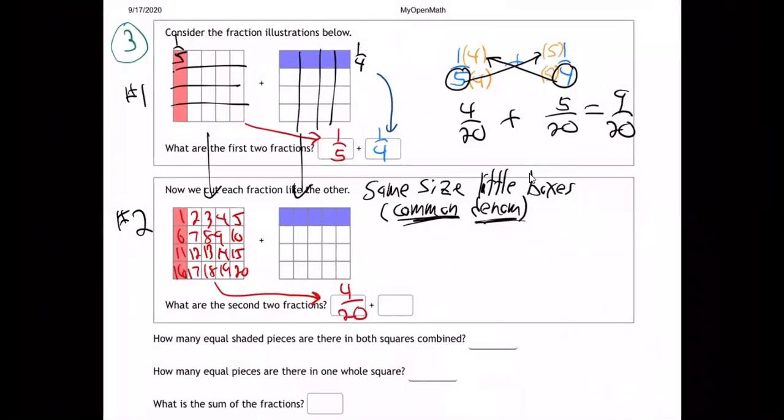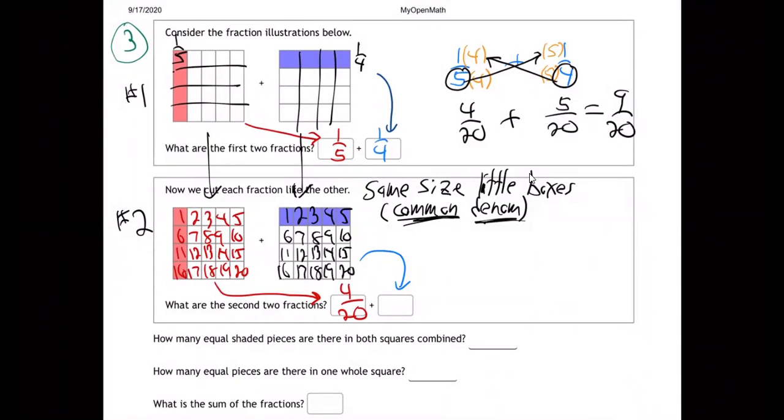And what about the blue? What portion of the blue is shaded? Five twentieths of it. Exactly.